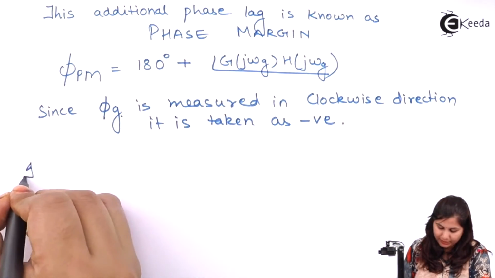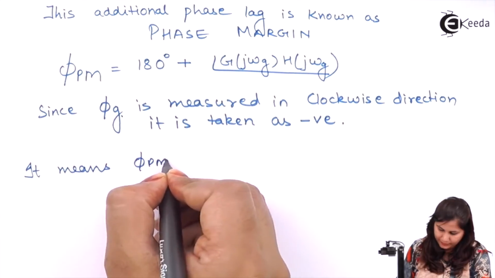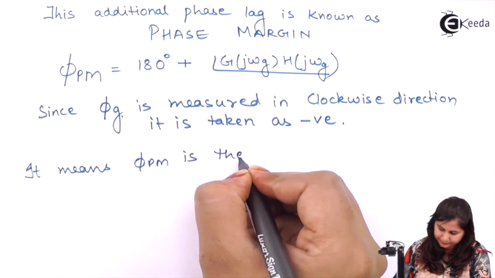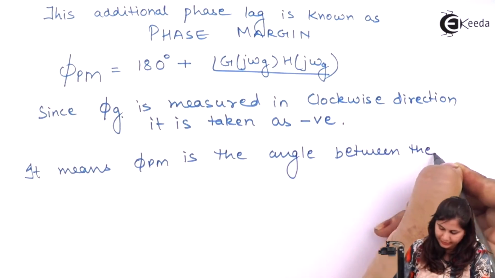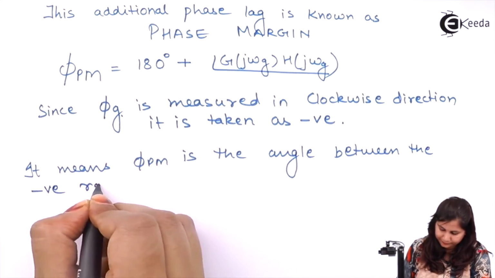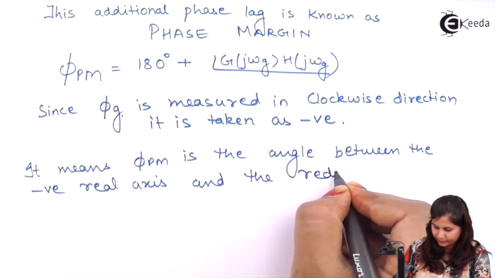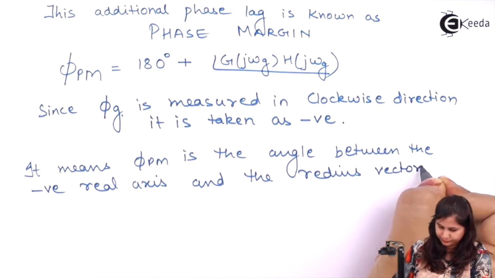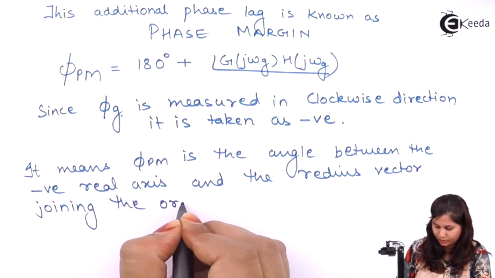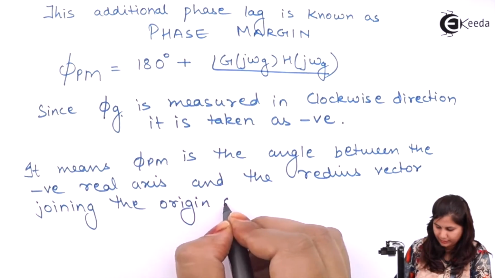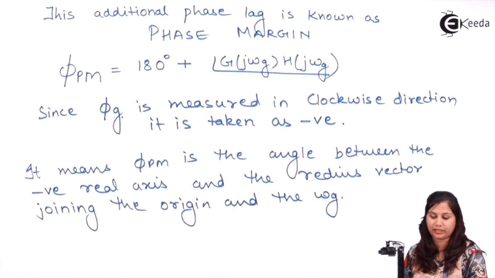It means that this phi pm is the angle between the negative real axis and the radius vector joining the origin and the gain crossover frequency omega g.